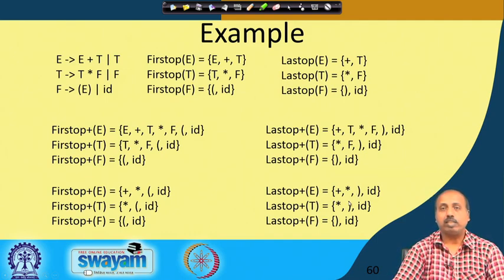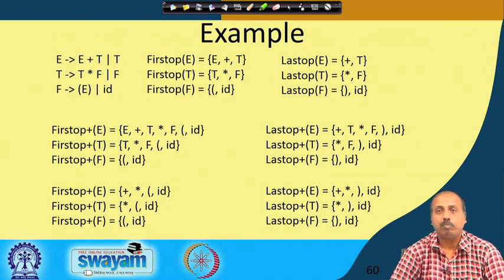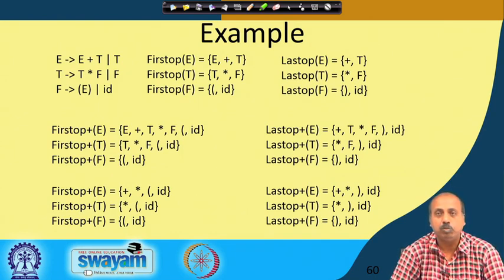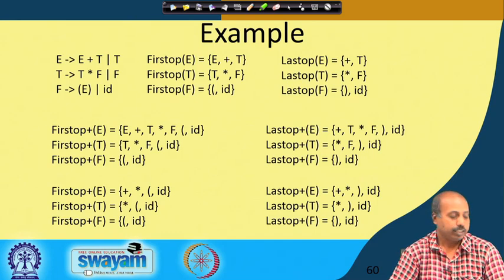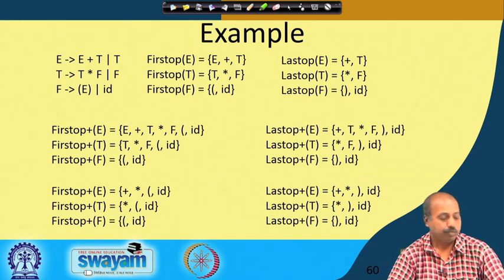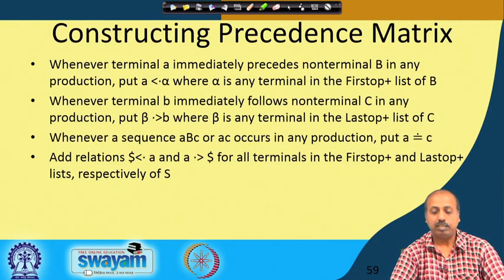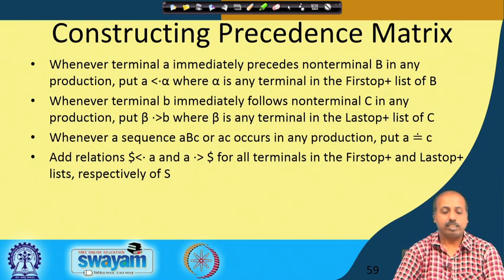Once you have constructed this first plus and last plus for each of the non terminal symbols, we can find out some precedence rules that can be used for getting an operator precedence parser for the language. So, this is the rule to construct the precedence matrix.